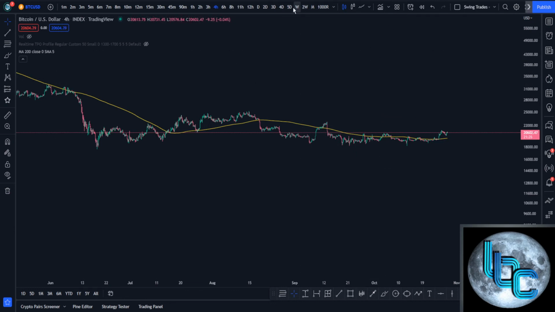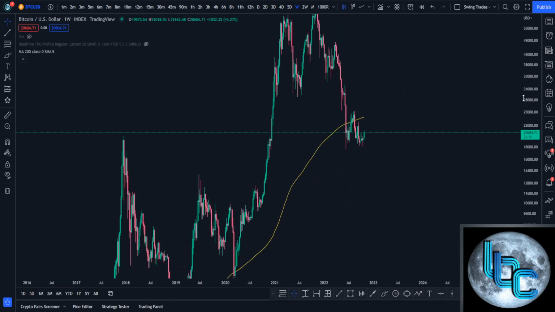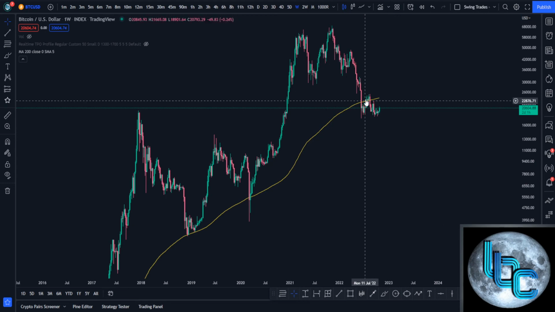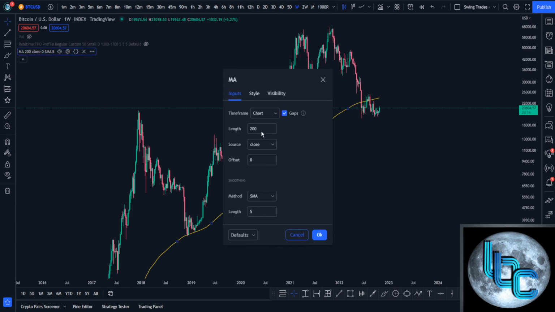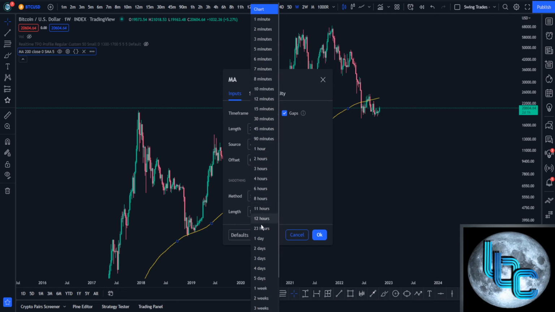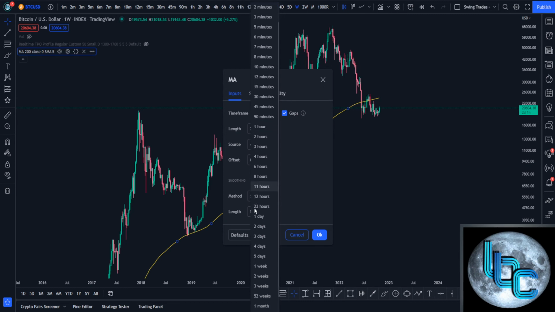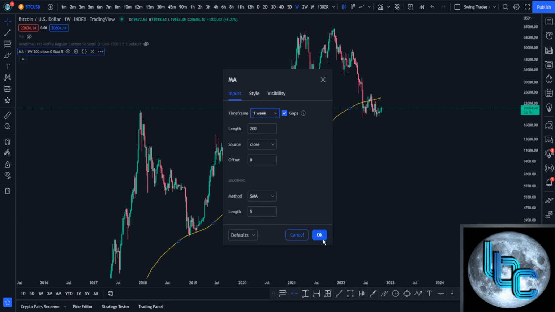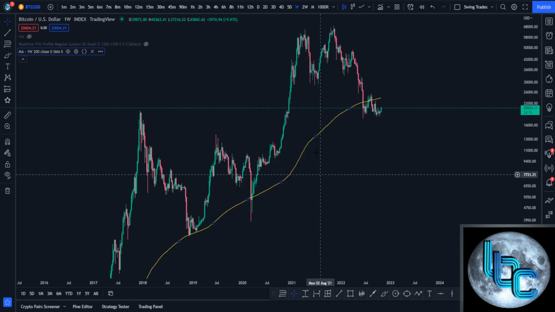Now, all you have to do, if you want this to stay the same no matter what time frame you're on, all you gotta do is go to the settings, come over here to this little cogwheel, come over here to time frame, and whatever you place this on, that is the moving average that you will have. So if I go down to the weekly, 1 week, and now I am set.